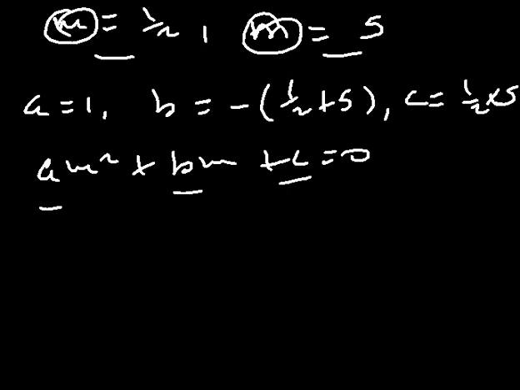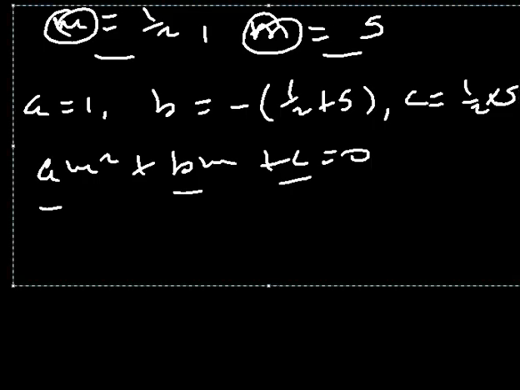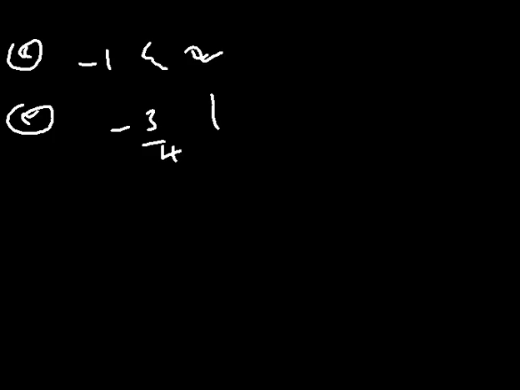And let's say we have the following roots, so try to determine the quadratic equation given the following roots. Let's say the first roots are negative 1 and positive 2, then negative 3/4 and 2/3.